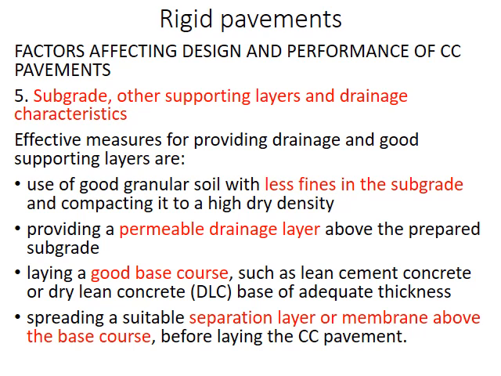Then you have a good base course to prevent good drainage, which is made of dry lean concrete of adequate thickness. The last point is that you can provide a separation layer between the base course and the cement concrete slab to protect the pavement layers from moisture.